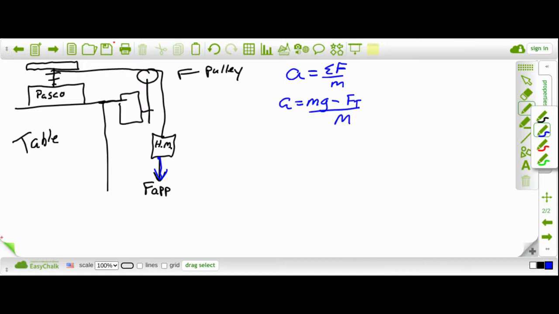That can be rewritten, solving for tension, as the tension force is equal to mg minus ma, where a is going to be experimentally found, and that is what we're going to measure with the smart pulley system in a few moments.